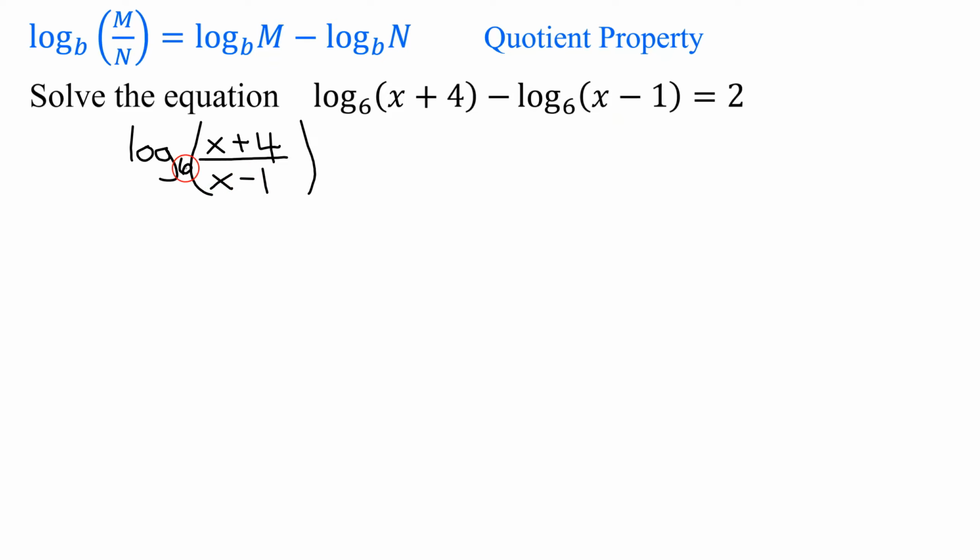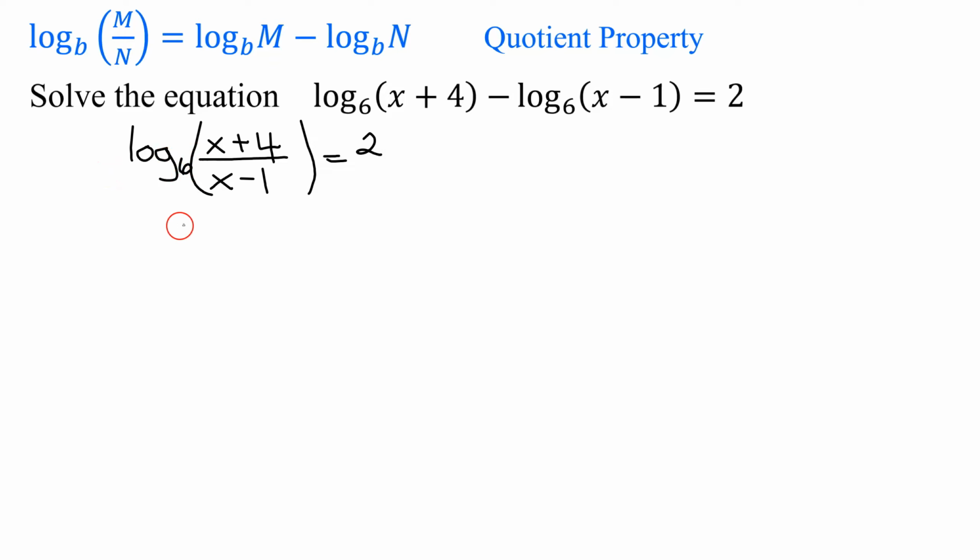So I get log to the base 6 of x plus 4 divided by x minus 1 equals 2. So now I've combined both of my logarithms on the left-hand side. Notice the coefficient of the log term is a 1, so now I'm ready to convert it into exponential form.